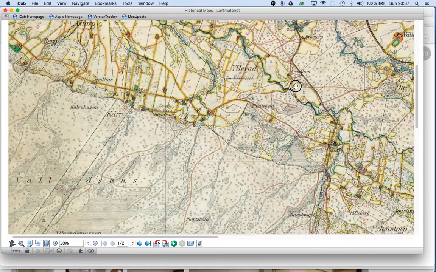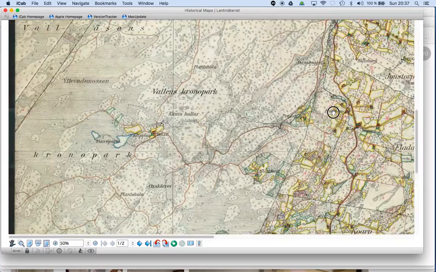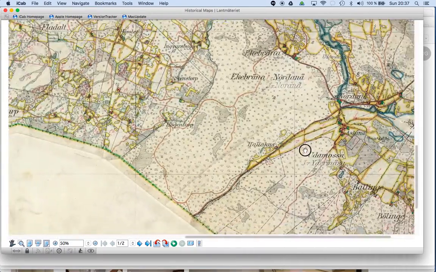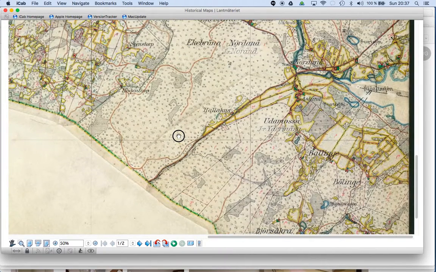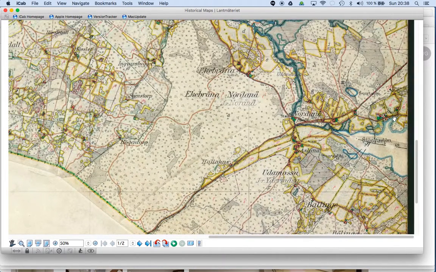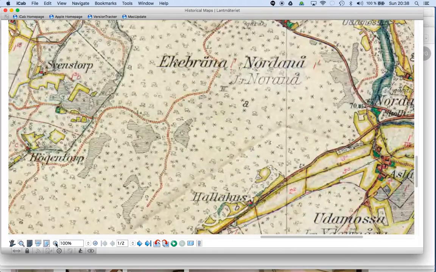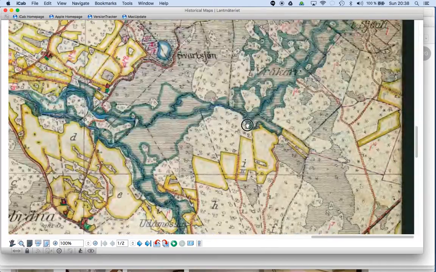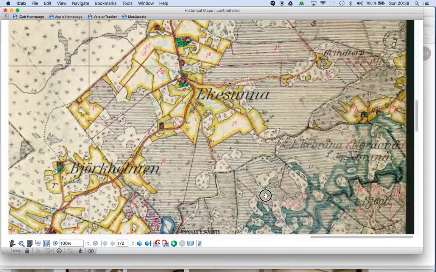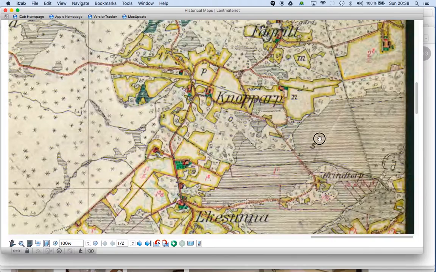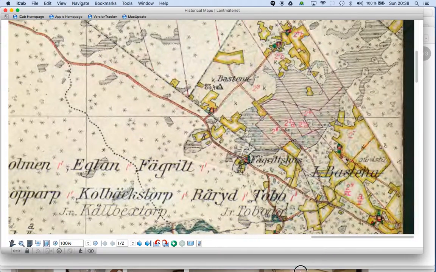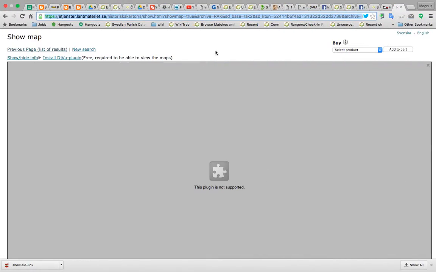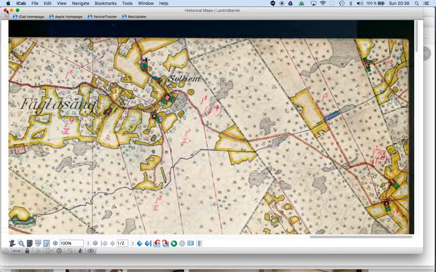Åstarp. Illevad. Here is Sjöalt. I'm not 100% sure. So here you can play around. It's a cool resource.